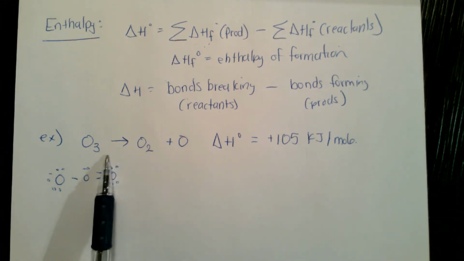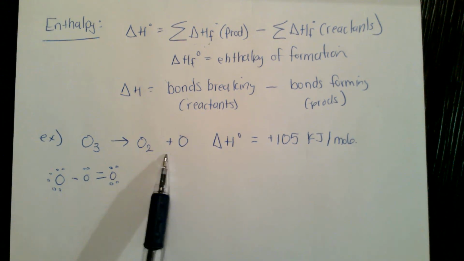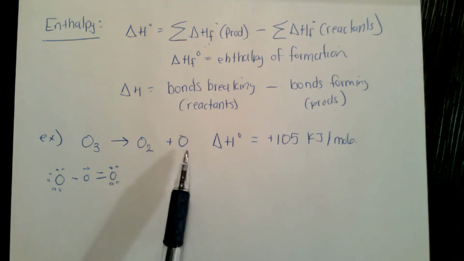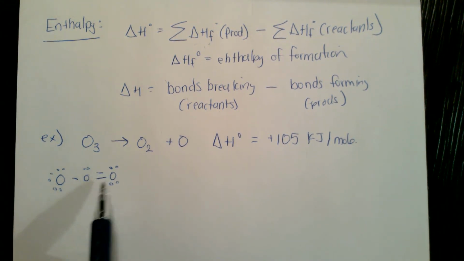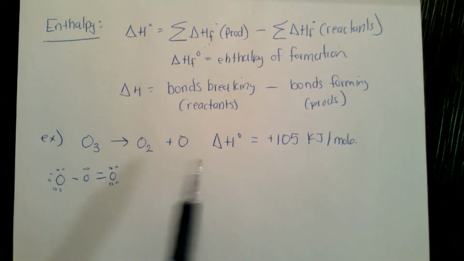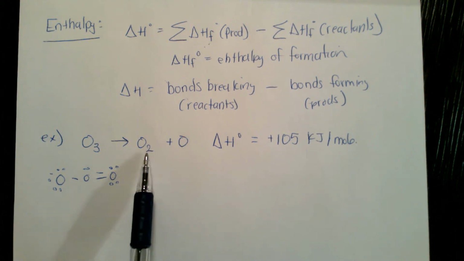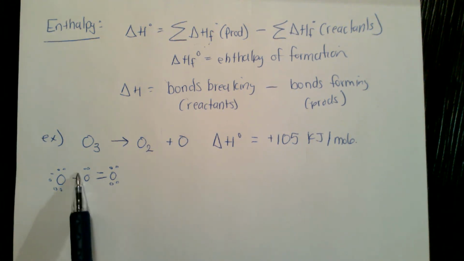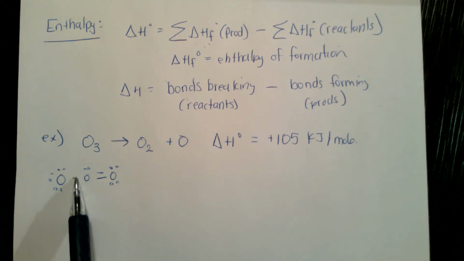In this process, we're breaking one of these oxygen bonds to form an oxygen molecule and atomic oxygen. Double bonds are much more difficult to break, so this is the bond that's broken right here. So this overall change in energy is coming from breaking this bond.